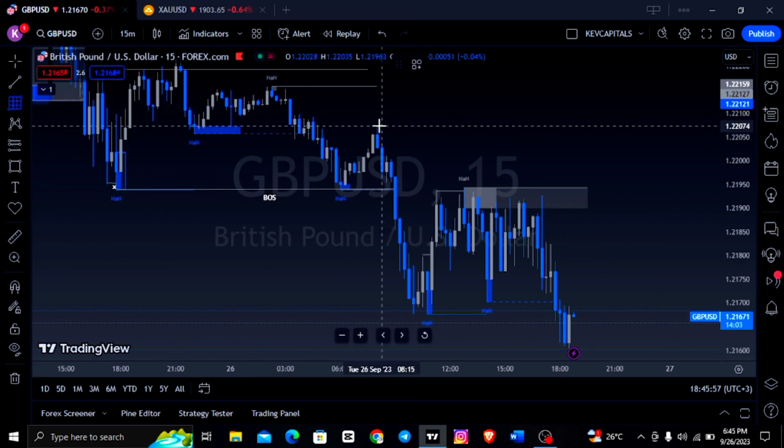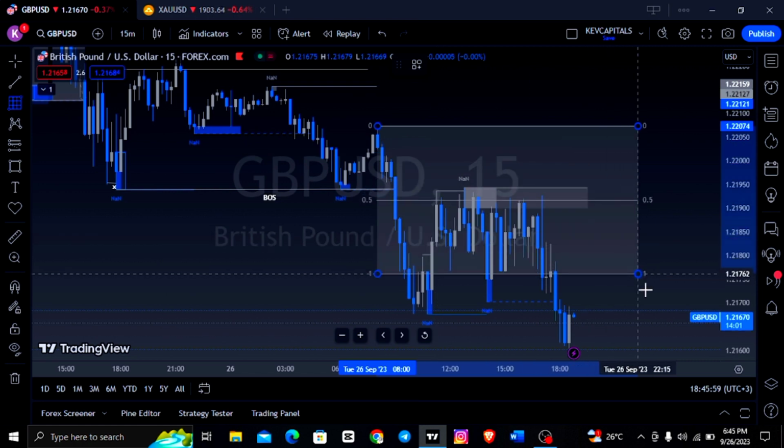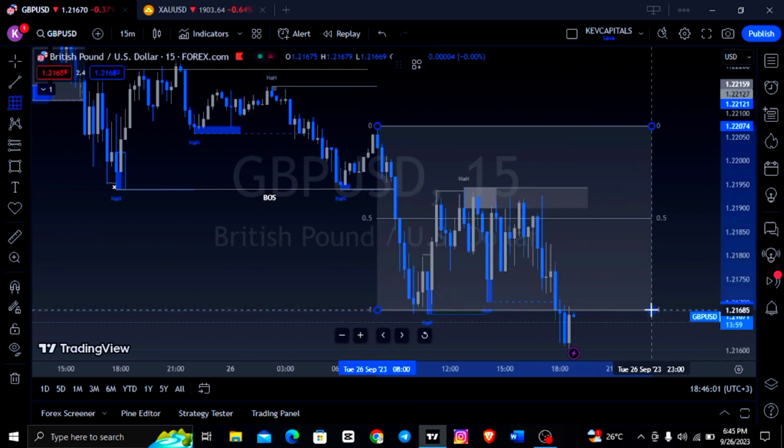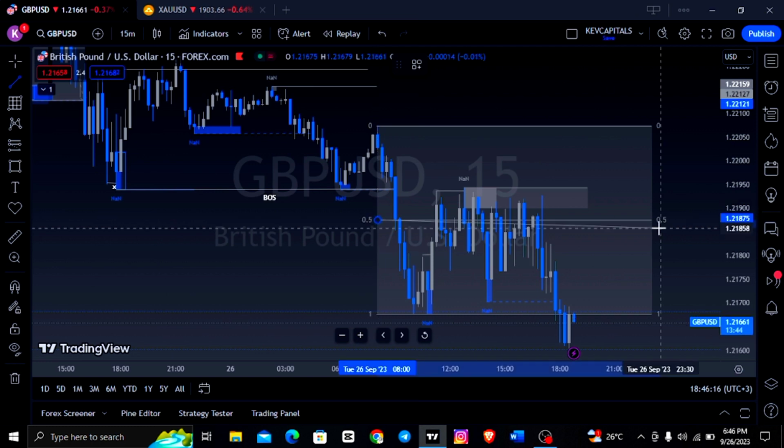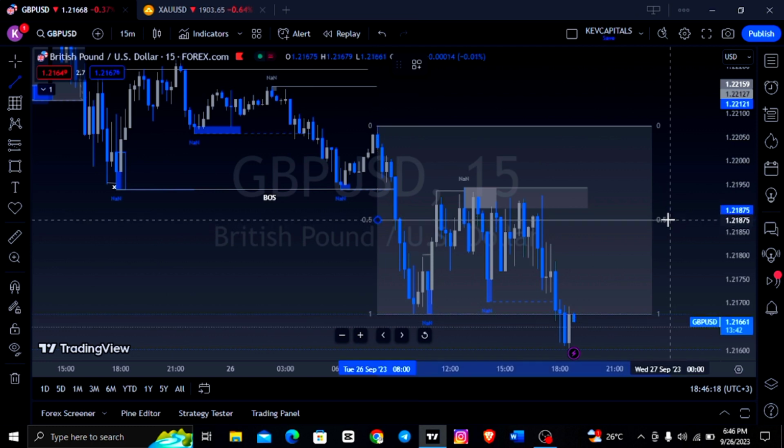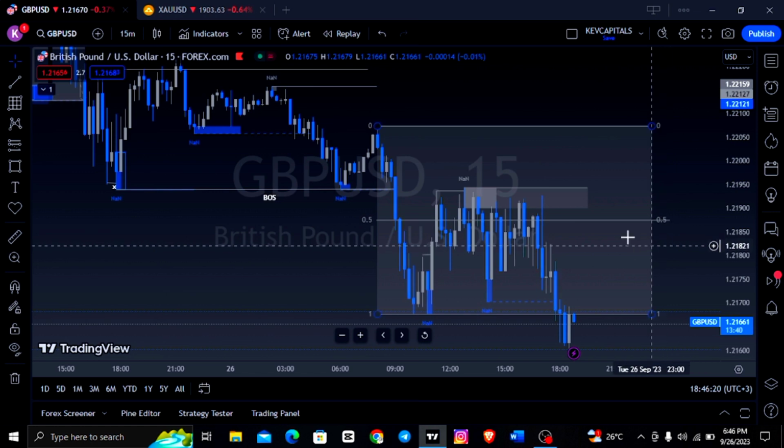I use the gun box to mark the 50% of it. So that is it. Then I'll align it here. Correct. So this is the 50%.